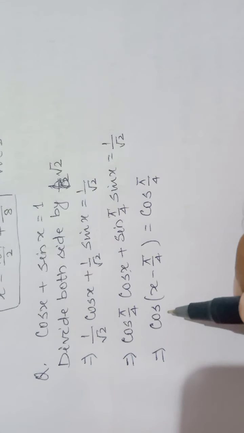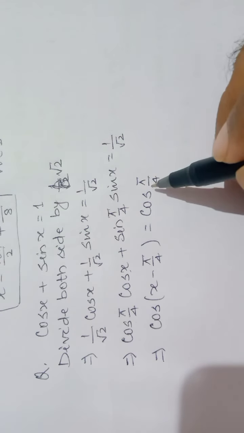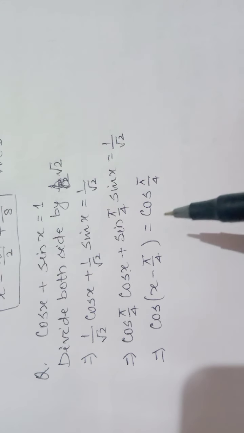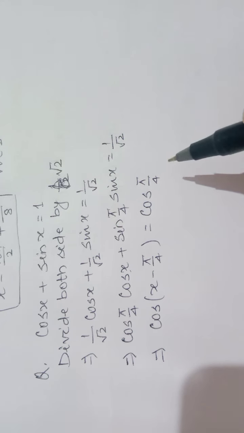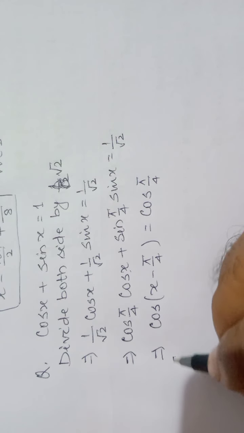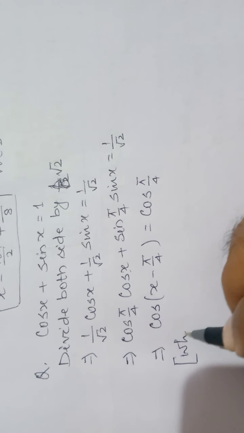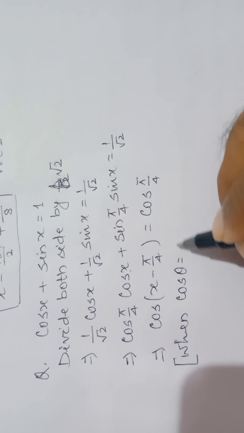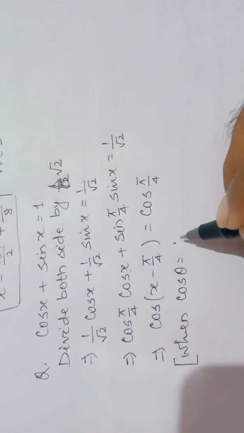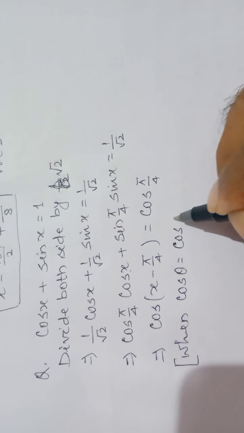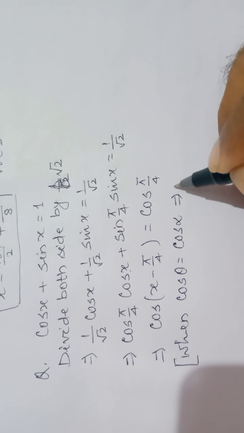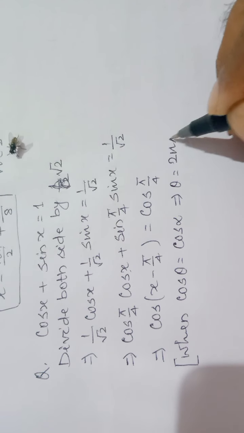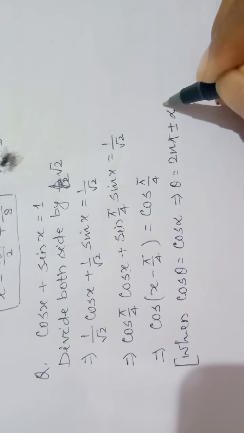When cos theta is equal to cos alpha, then theta is equal to 2n pi plus minus alpha. I write once again here the formula. When cos theta is equal to cos alpha, then theta is equal to 2n pi plus minus alpha.